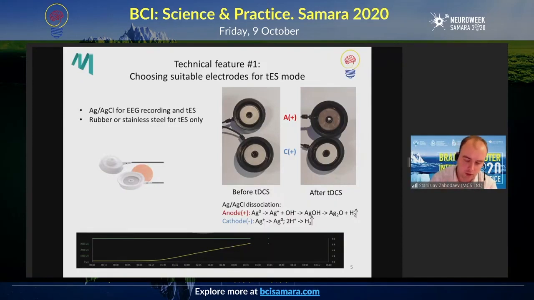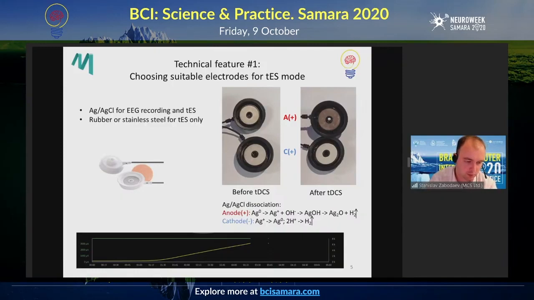Let me give you an example. We have clients who work with children, and they use our standard EEG electrodes, the NTC electrodes. And the diameter of the silver chloride disc is only about 6 millimeters.